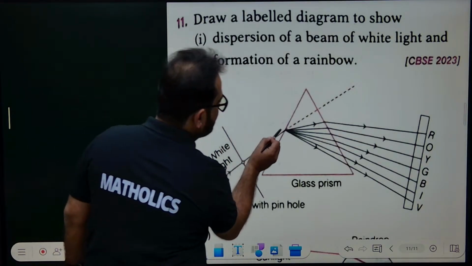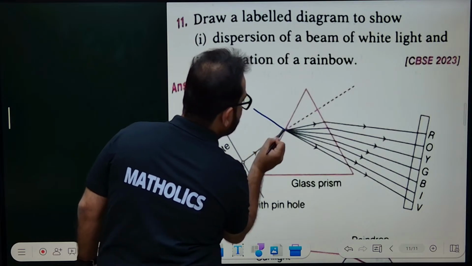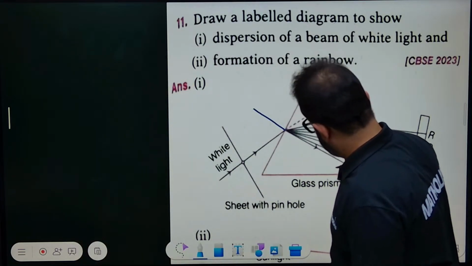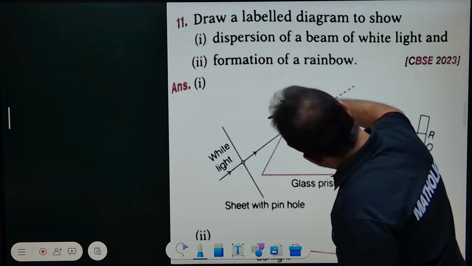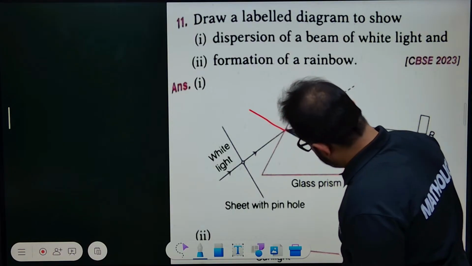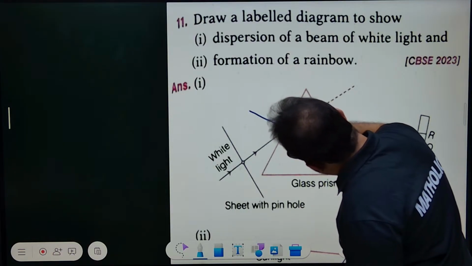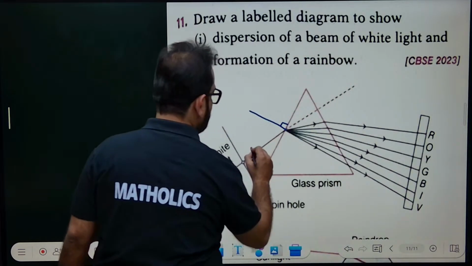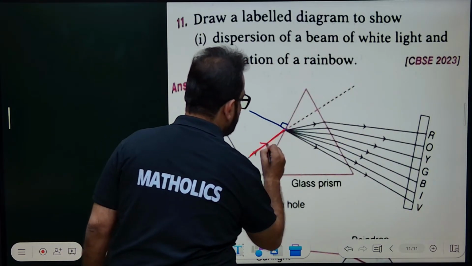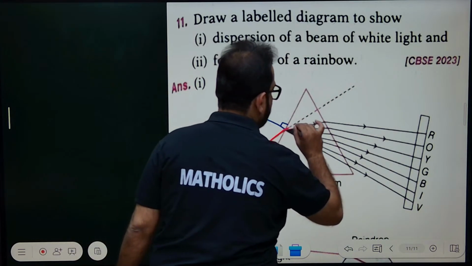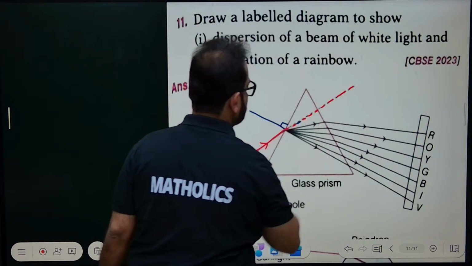So first draw the perpendicular. This is the perpendicular line, and this is the direction of the incident ray. Now focus on this point.